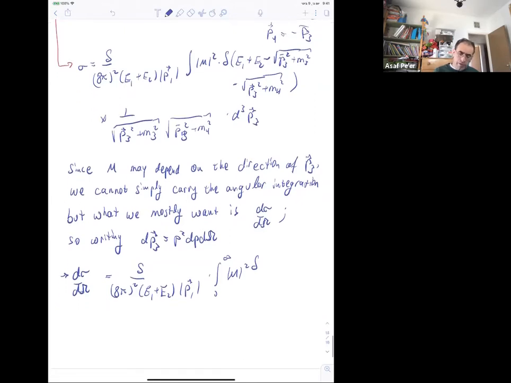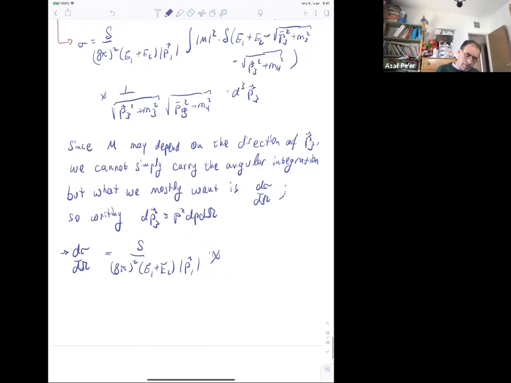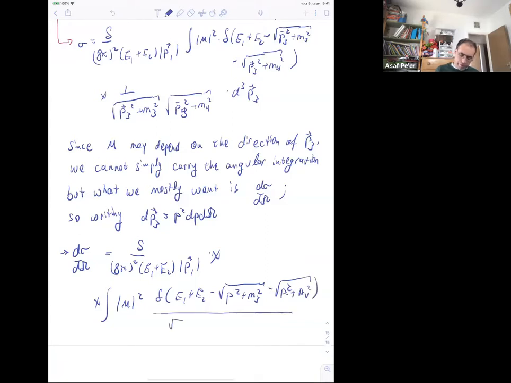Let's write it down: the integral of M squared delta of E1 plus E2 minus the square root of p squared plus M3 squared minus the square root of p squared plus M4 squared, divided by the square root of p squared plus M3 squared and the square root of p squared plus M4 squared, times p squared dp.